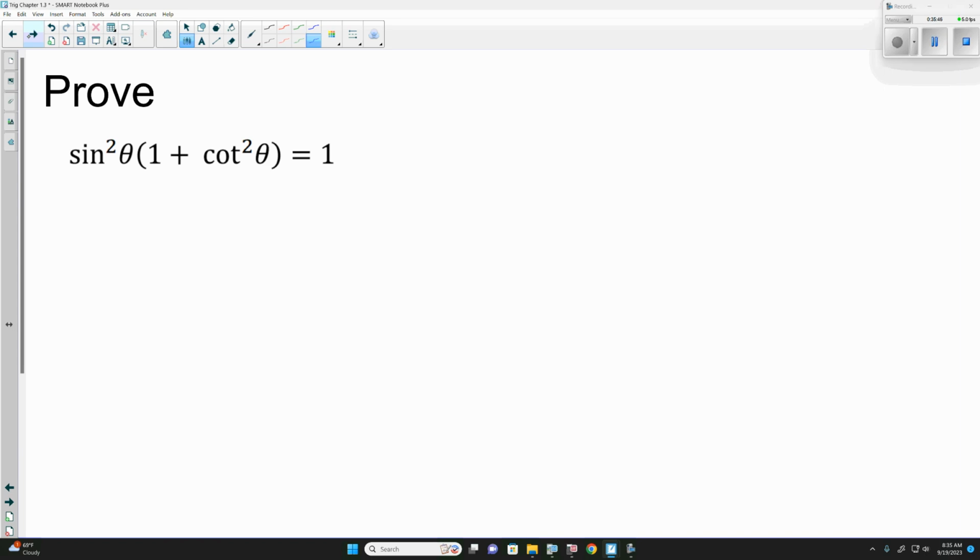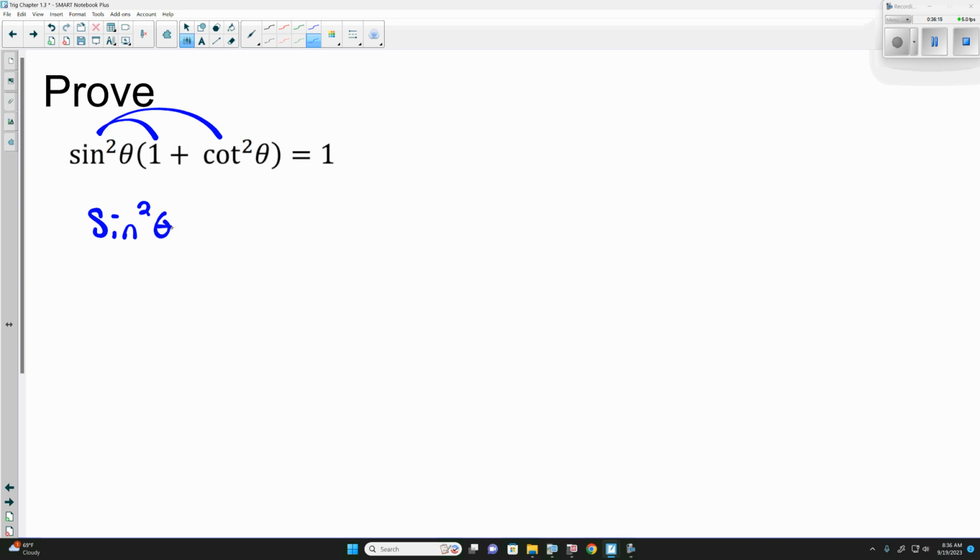Now we have this last one here. Sine squared times 1 plus cotangent squared equals 1. Now there's different ways we can go at this. One is I can distribute sine squared. Well, sine squared times 1 is just sine squared of theta.